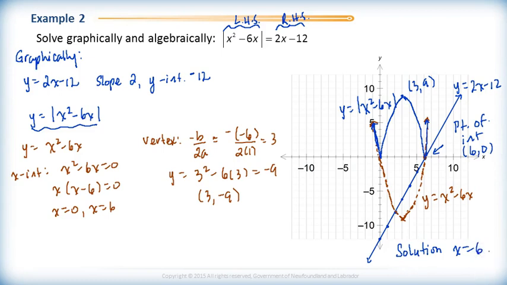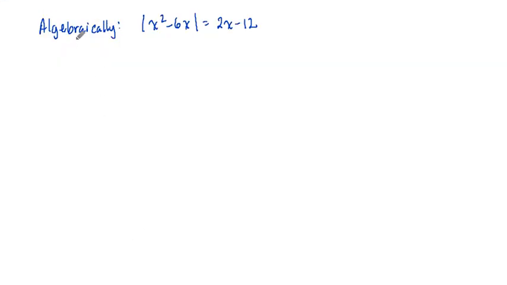Now for the algebraic solution, we've got absolute value of x squared minus 6x equals 2x minus 12. We therefore have two cases. Case 1, where the positive of x squared minus 6x equals 2x minus 12. And case 2, where the negative of x squared minus 6x equals 2x minus 12.